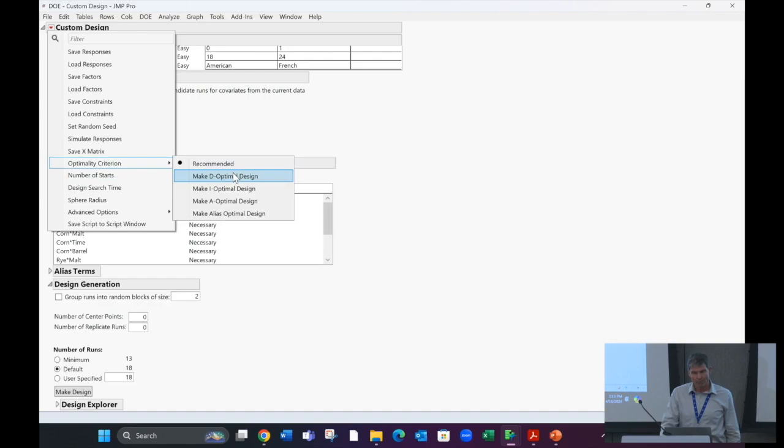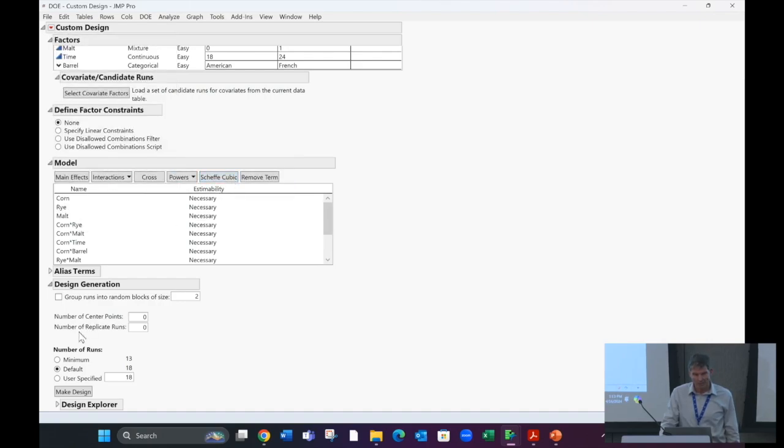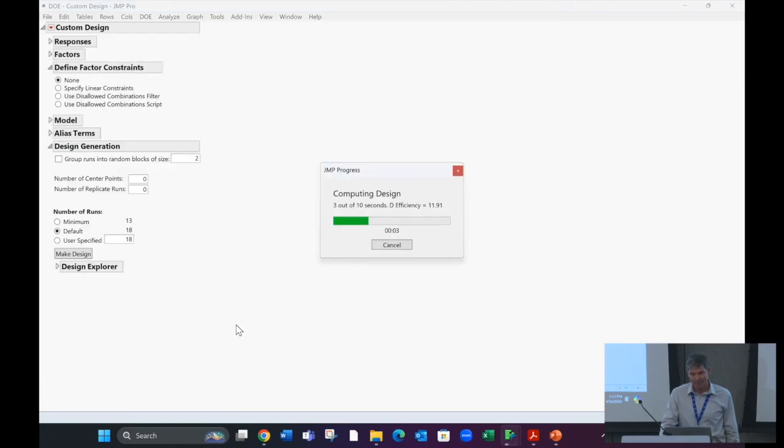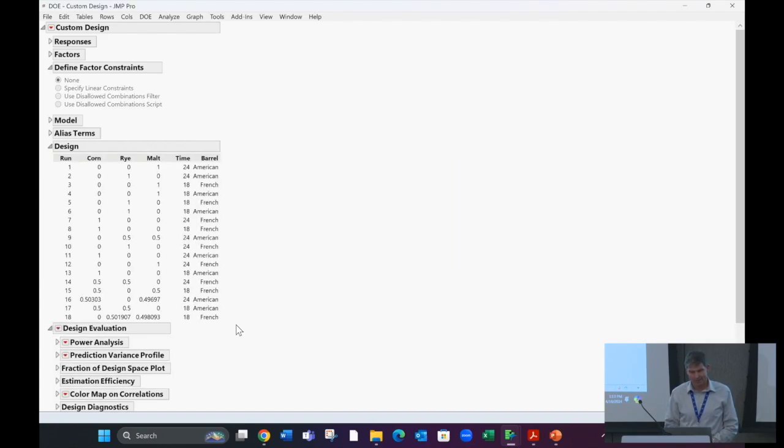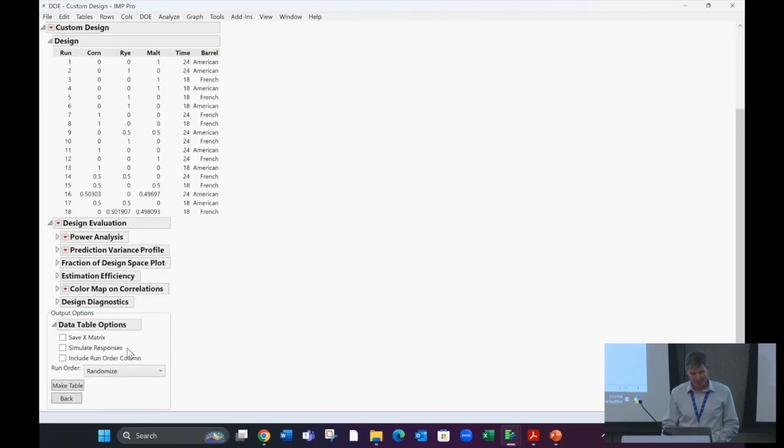Well, we've had good luck with D-optimal designs, not as much with A-optimal, and I-optimal is nearly as good as D. So we'll keep it D-optimal. So now I can make my design, and away I will go and figure out what my responses are.